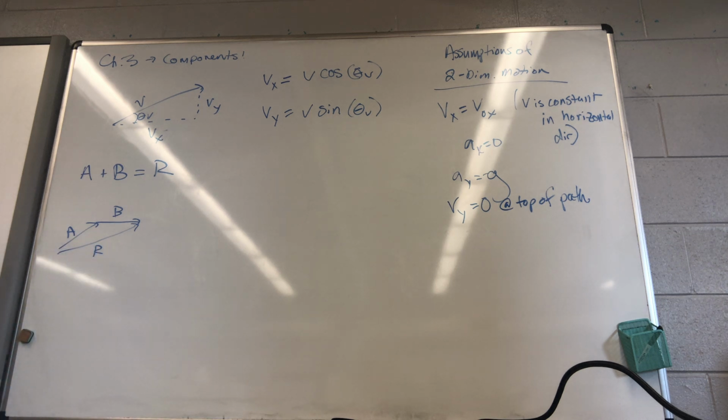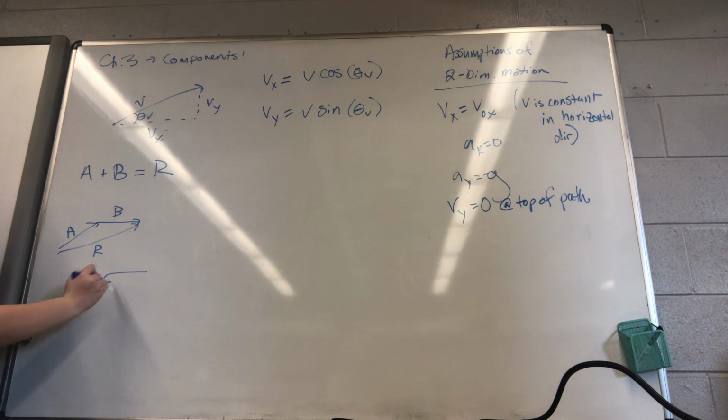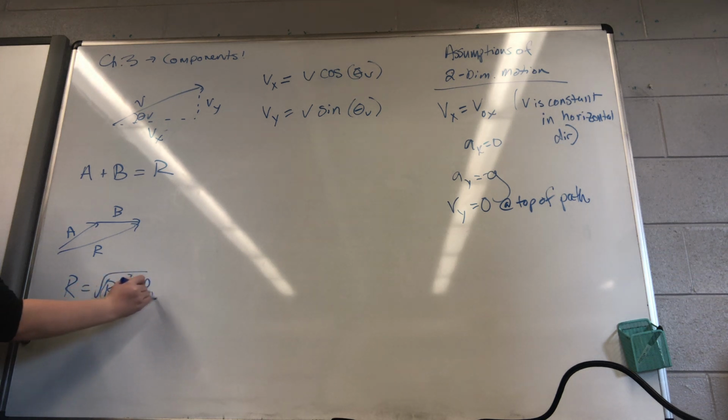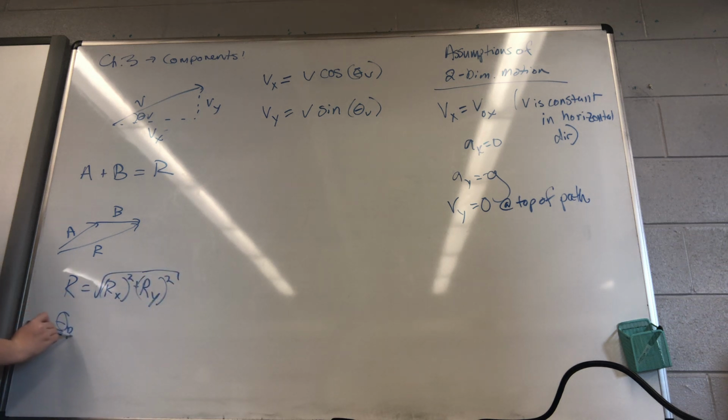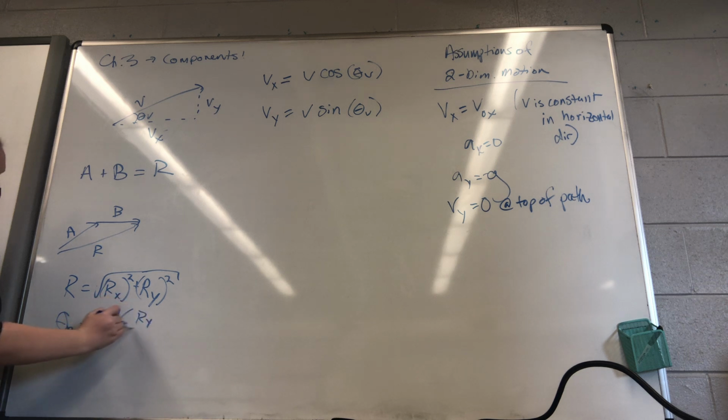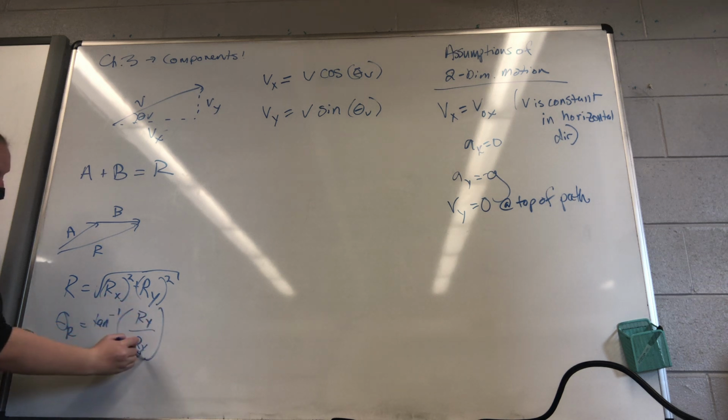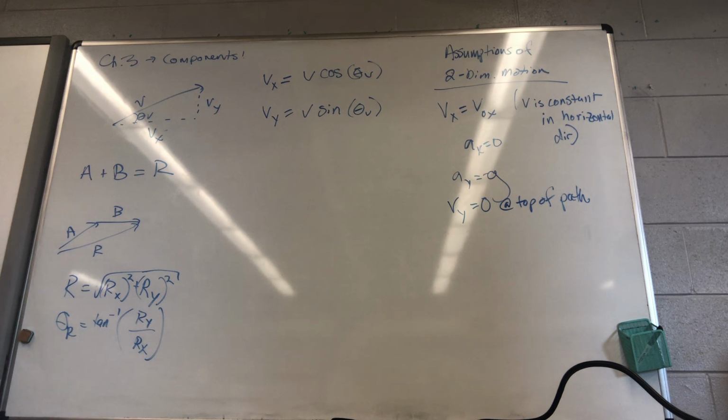If we knew information about A and B, we could figure out R using a couple of different formulas. Remember the resultant formulas, those guys.